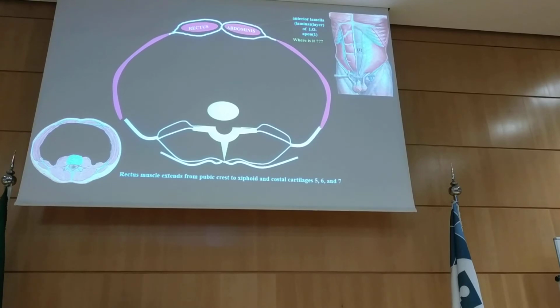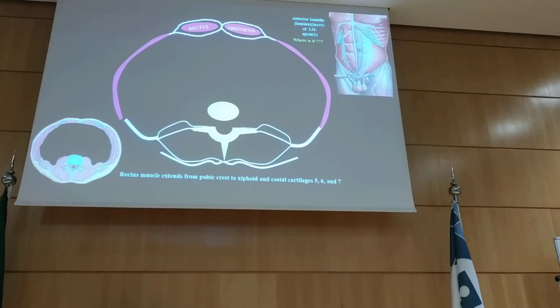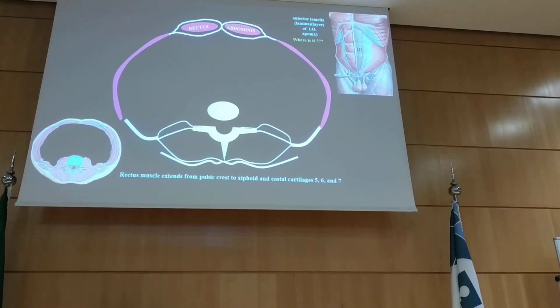No, most of the fibers are going up, but it looks like the sun because there are fibers which are arching down and arching back. And most of the fibers are going from down and lateral to medial and up like this. So it's the sun. Whenever I see the sun, I know this is internal oblique and this is aponeurosis and this is the anterior lamella.